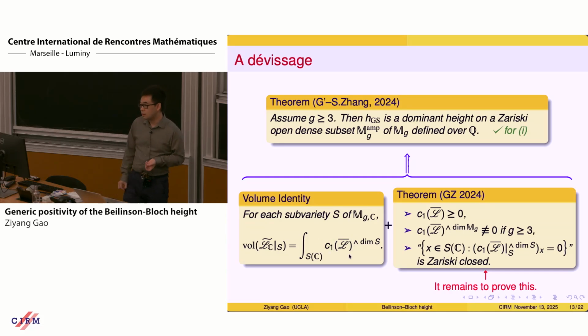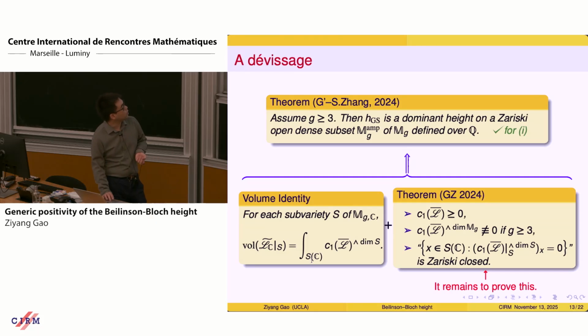And secondly, we want that if we work with the whole MG, then the top wedge power is not identically 0, so that this integral is going to be positive. And third, to descend over Q, we want to show that this top wedge power vanishes exactly on a Zariski closed subset. So this is the thing to do. And the third one, I put a quotation mark because it's not exactly this one, but philosophically speaking, it is this.